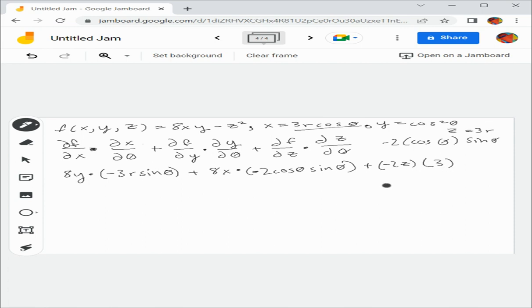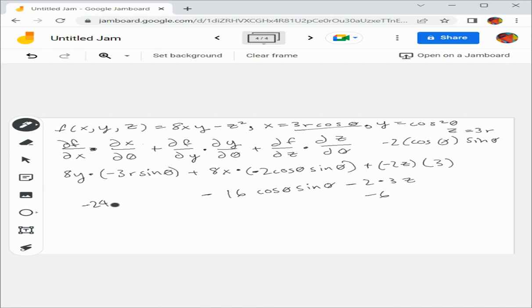Then z is 3. Now, we could do 16 negative and then cosine theta sine theta, plus, well, it's not plus anymore. It's minus 2 multiplied by 3r, which is negative 6.